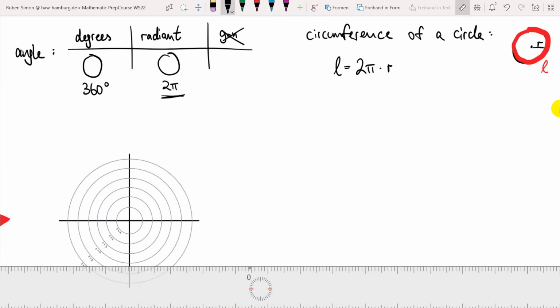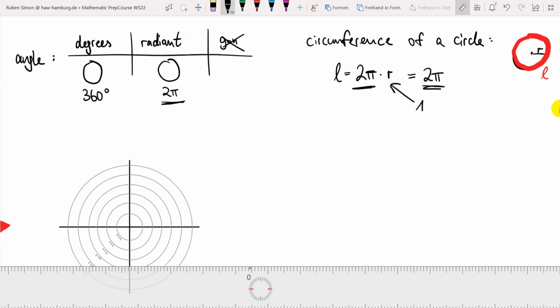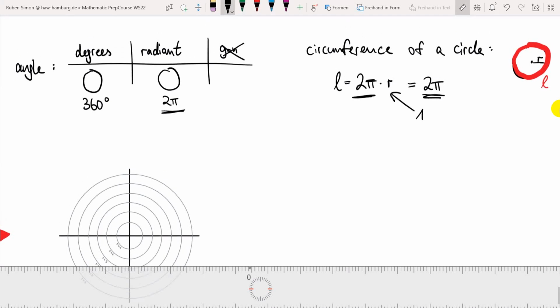So this is the general formula for calculating the length of the circumference of a circle. And now, if you insert a radius of 1 in here, then the length of its circumference will be just 2 pi. And that's what we do when we are talking of radians. In German, this is actually easier to explain, because the radian measure is called Bogenmaß.